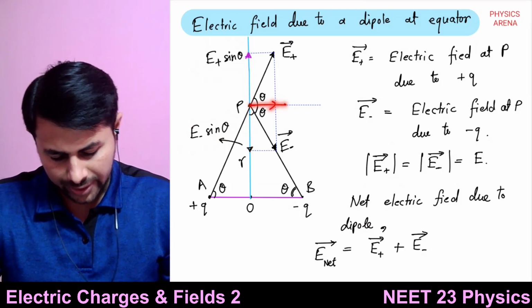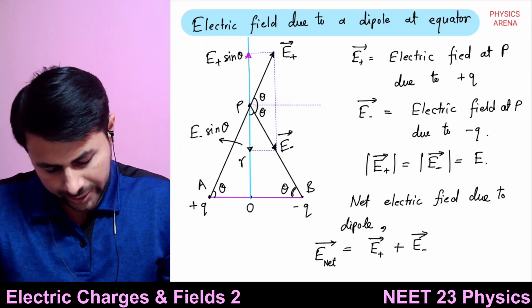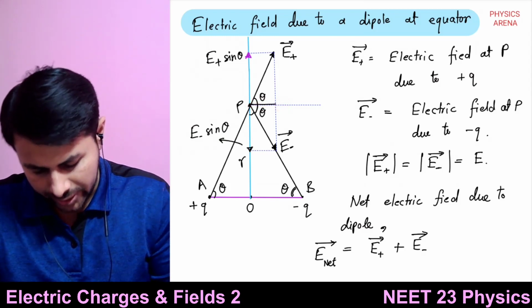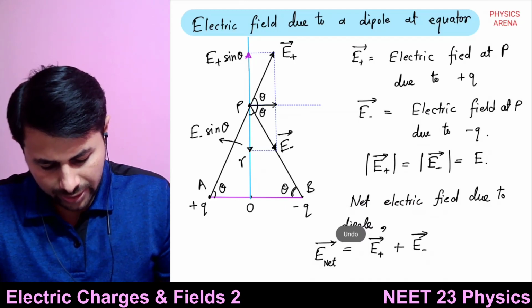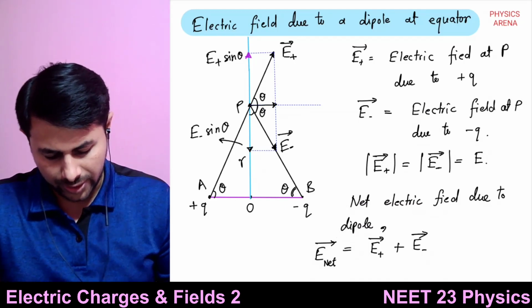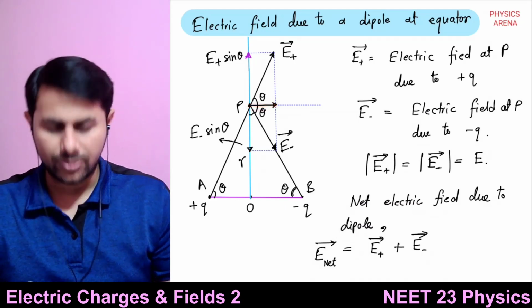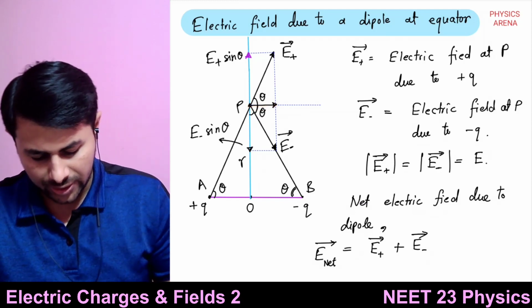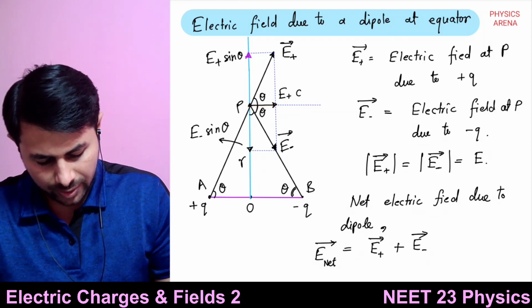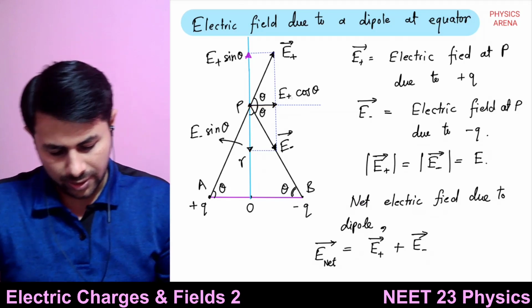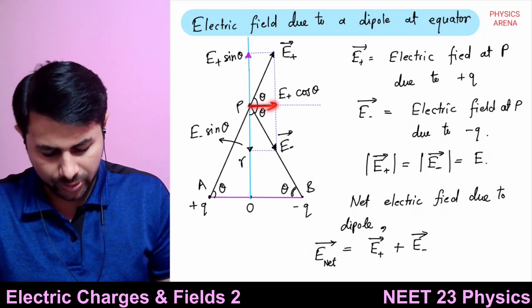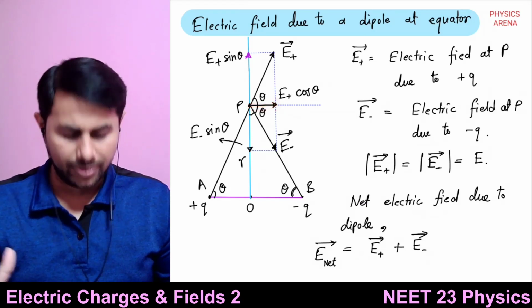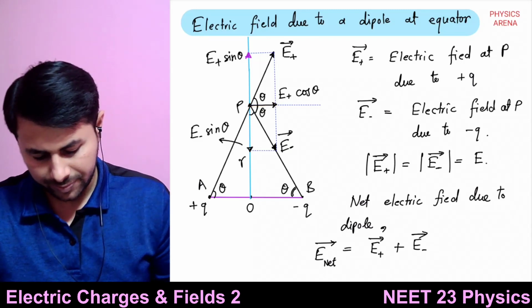And the components in the horizontal direction will have this much magnitude. Let's suppose this is the component due to E plus bar, so it is E plus cos theta. And there will be one component of the same magnitude, E minus cos theta.